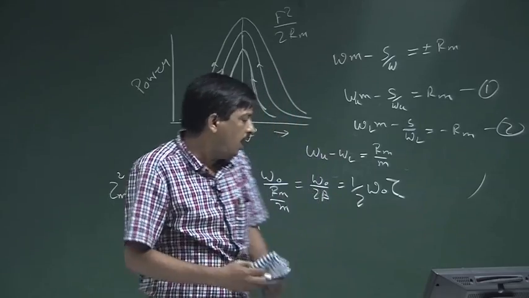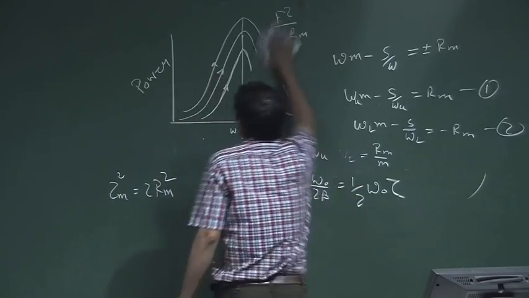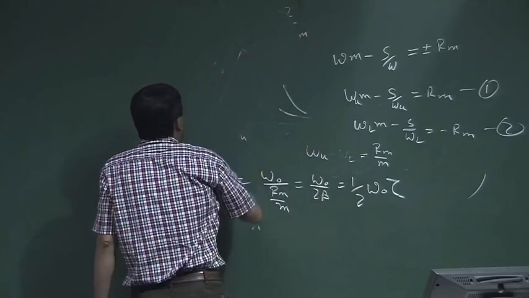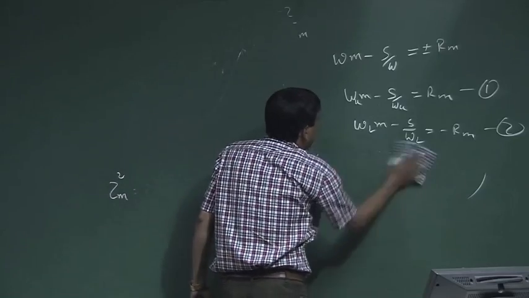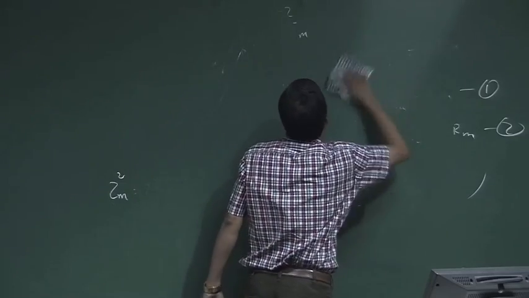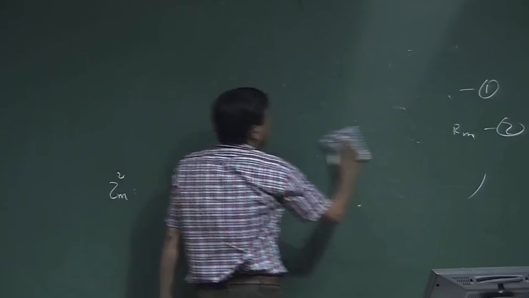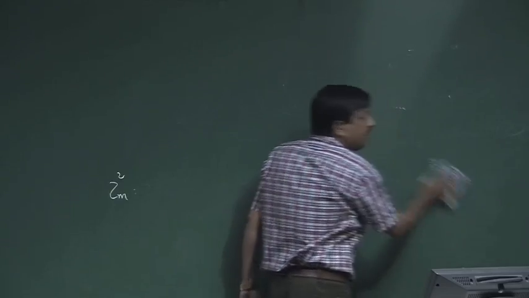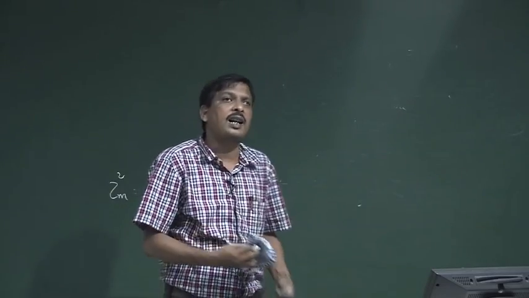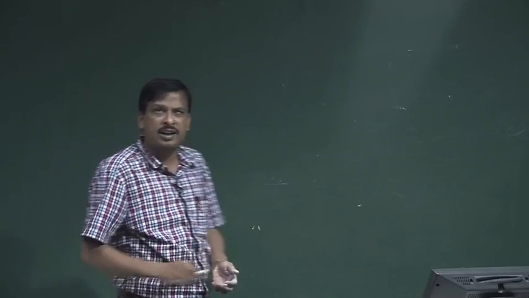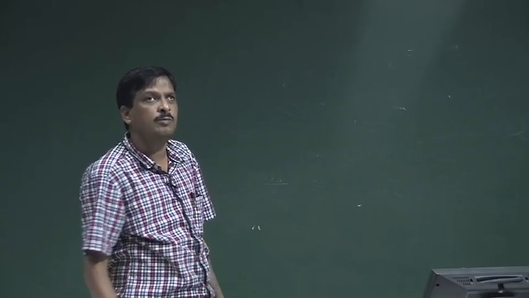Now, I go to another chapter, which is called mechanical to electrical conversion, or equivalent circuits. It is not equal, it is equivalent circuits. Can I draw an equivalent electrical system for a mechanical system? Yes, it is possible.